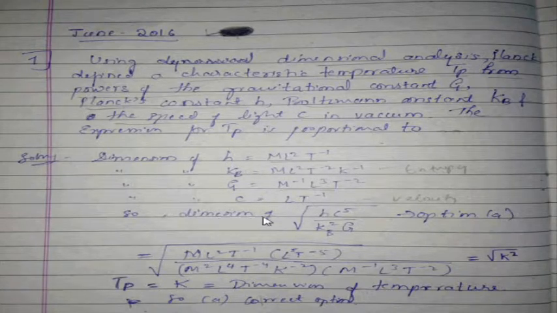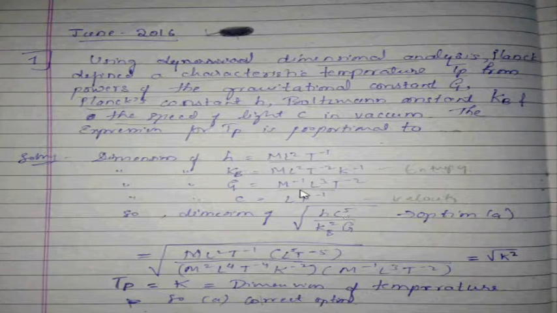So the dimension of the square root of h into c raised to 5 divided by kb square into G, which is the option A given. So we have to put the dimensional formulas in this option to get the correct answer. So we have written the dimensional formula of h here.